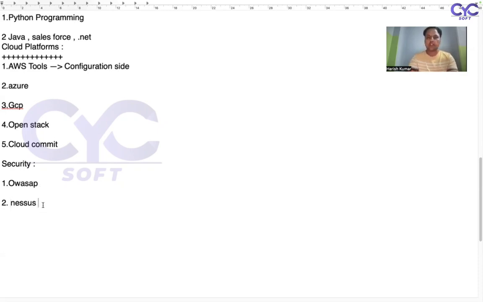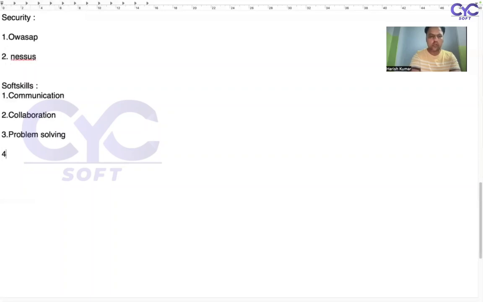Next, one of the most important things to learn is soft skills. Soft skills are a must for every software engineer. For this, you need communication, then collaboration, third problem solving, and next time management.